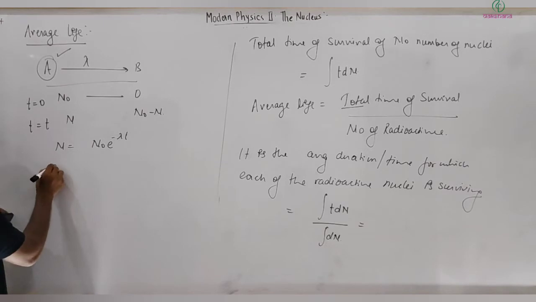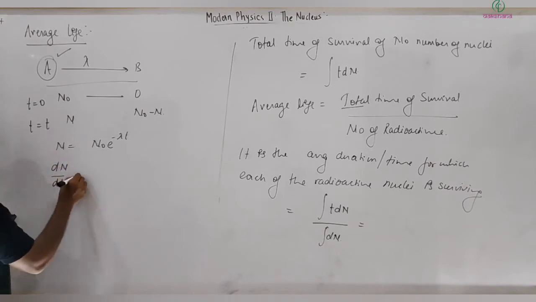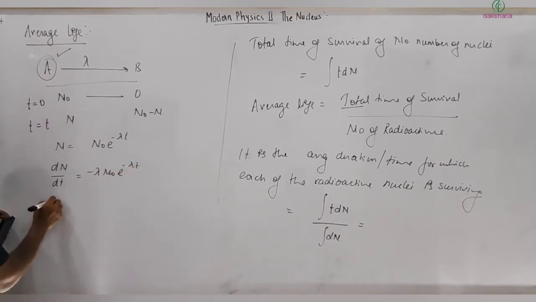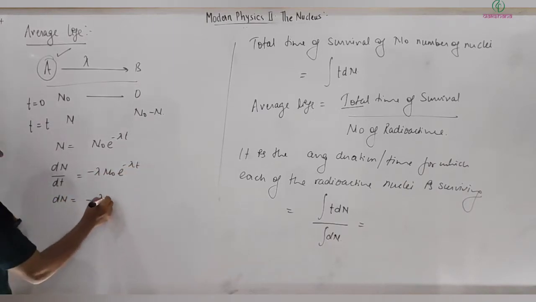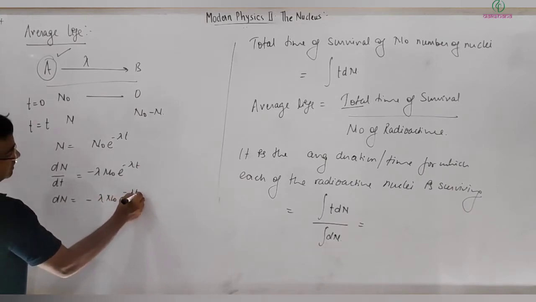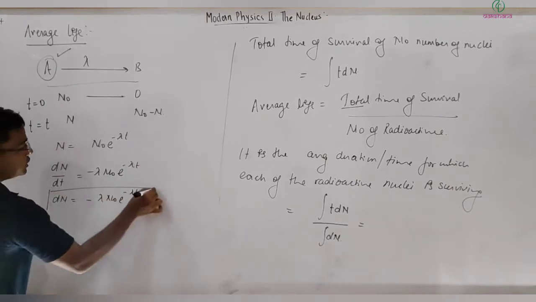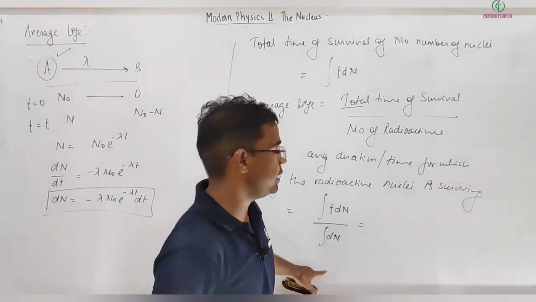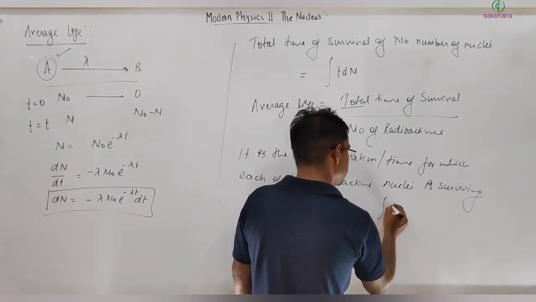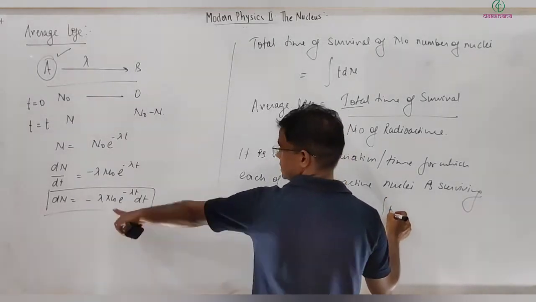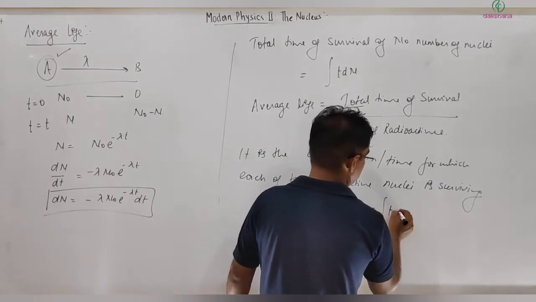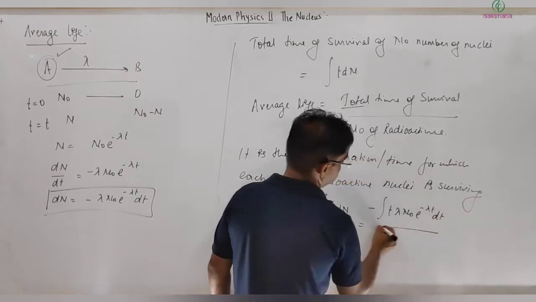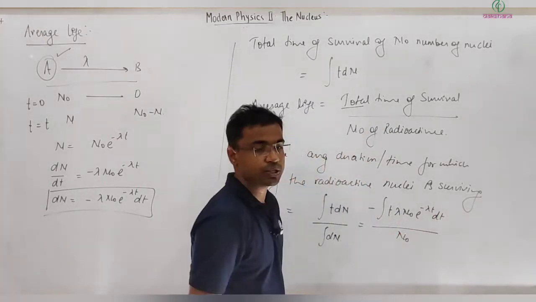If I differentiate it, then dn by dt is equal to minus lambda n naught e raised to power minus lambda t, and dn comes out to be minus lambda n naught e raised to minus lambda t multiplied by dt. I need to substitute it there, but this integral dn I know will be the total number of radioactive nuclei. So this comes out to be integral t into minus lambda n naught e raised to power minus lambda t dt divided by total n naught.